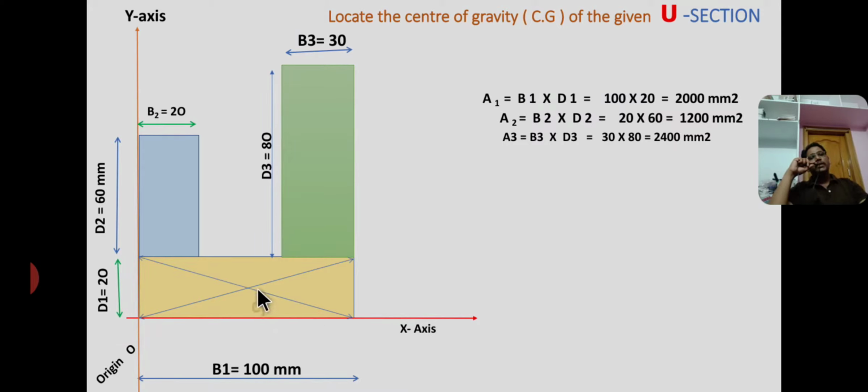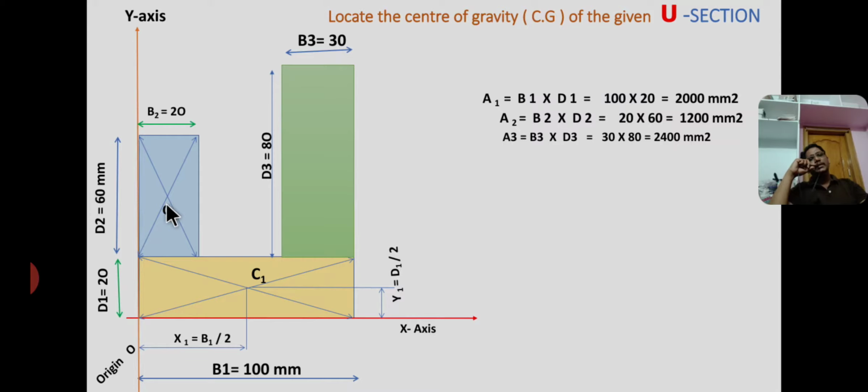So therefore C1 is the centroid of a bottom rectangle at a distance of x1 equal to base by 2 from y-axis, and at a distance of y1 from x-axis, that is y1 equal to d1 by 2. Similarly, I am drawing the diagonal lines for section 2. C2 is the centroid of a second rectangle.